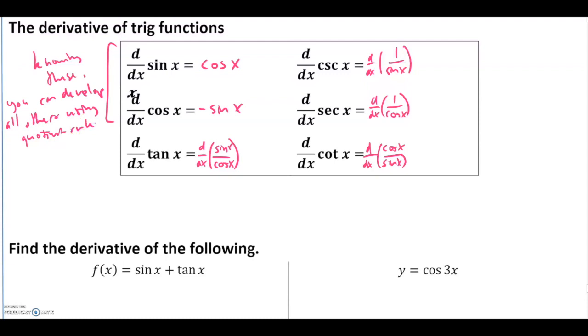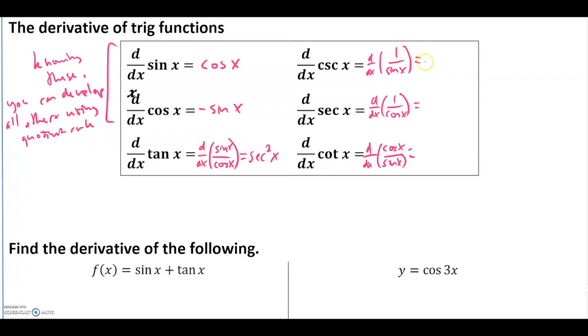Using the quotient rule and some simple tricks for simplifying, you will get the other 4 trig derivatives. I can show that in another video in case you want to see the proofs. You could also try to develop them on your own. What I'm going to do is jump straight to the final derivatives. The derivative of tangent x, when written out and simplified, becomes secant squared of x.